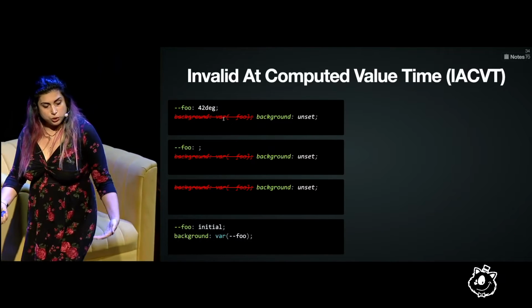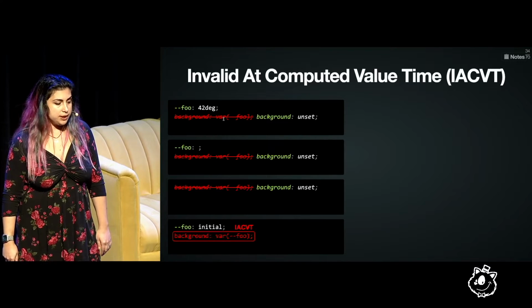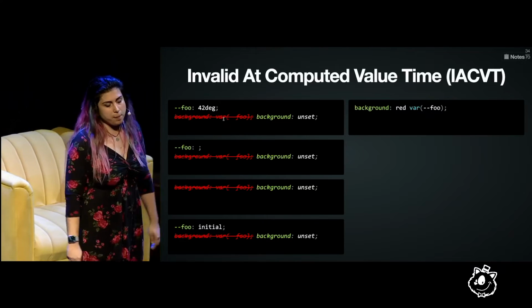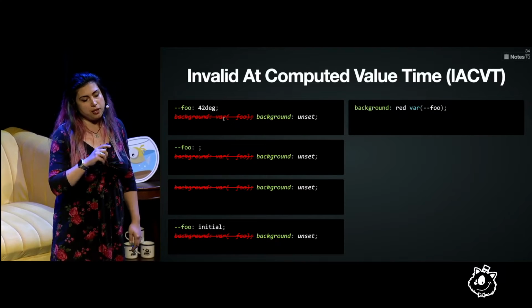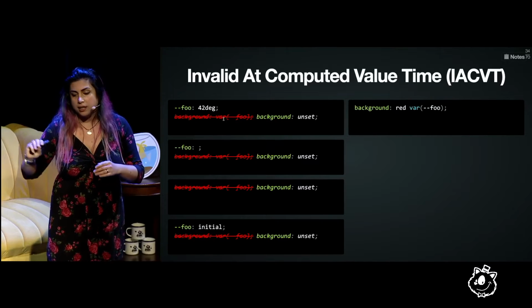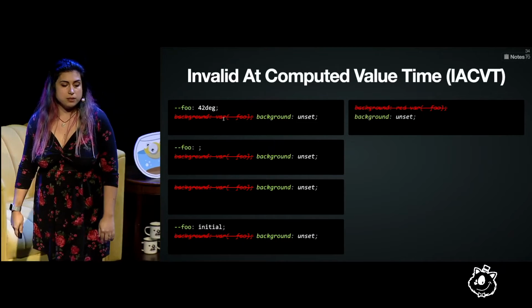If you actually do set the variable to something, but you're setting it to initial, same, invalid at computed value time. If even a part of it... if you're setting your declaration to a number of things and somewhere in there is a variable that is not set, invalid at computed value time.